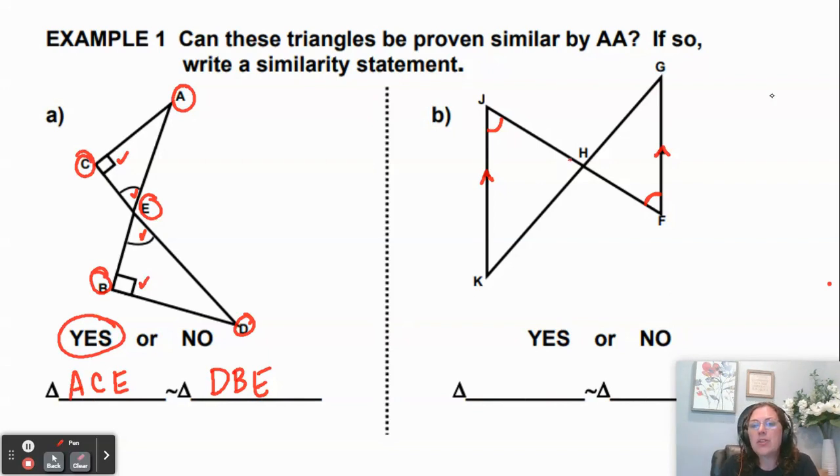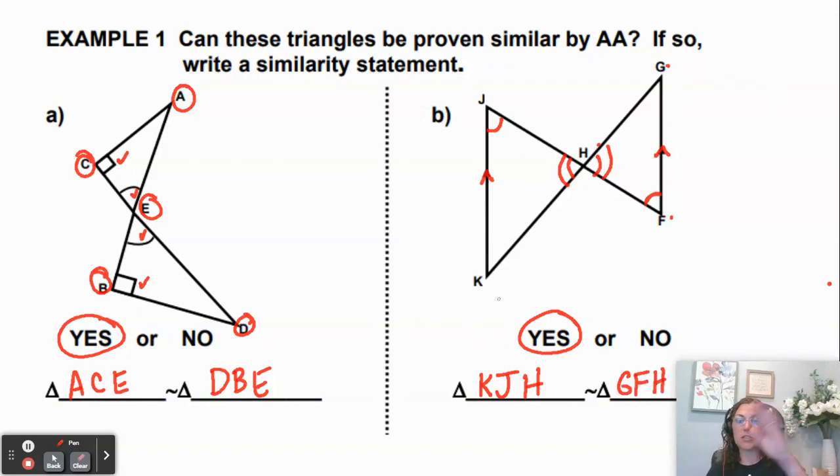I also know that these angles around H are also equal because those are vertical angles. So now I have angle, angle. So again, I can say yes. And let's see if we can name this triangle based on the similarity. So K, J, H. And then I'm going to have to go G, F, H. And again, I have to put them in order as to the corresponding with the similarity part.